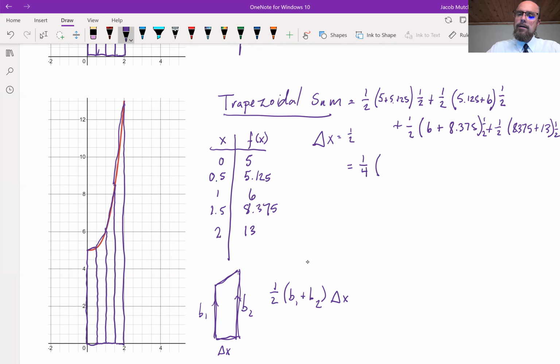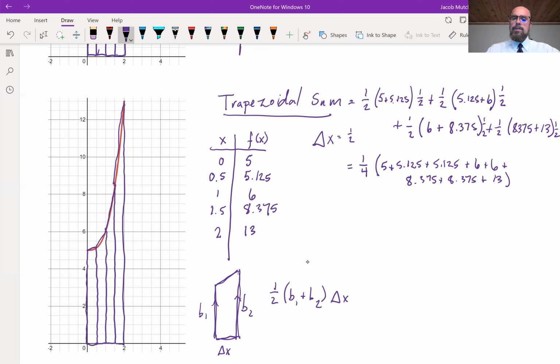And it's going to be times this sum, so the repeated sum, 5 plus 5.125 plus 5.125 plus 6 plus 6 plus 8.375 plus 8.375 plus 13. So you can get a sense of how it's really an average. When we're treating these as trapezoids, it introduces the idea of the average of the heights of each quadrilateral.